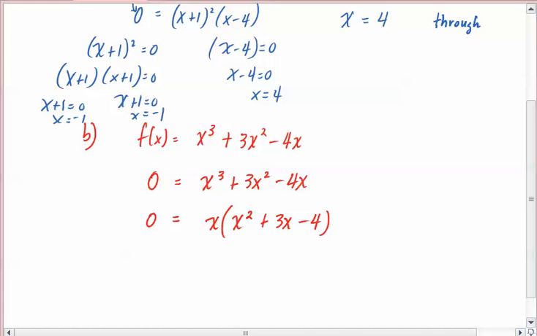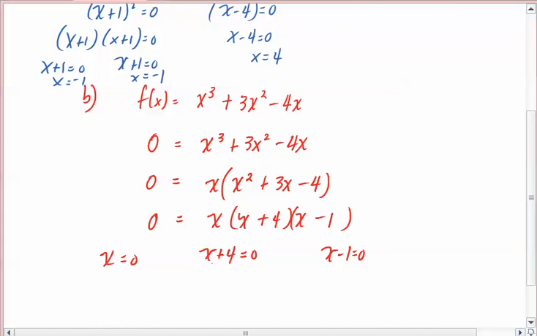And when I pull out the greatest common factor, it just so happens that the other factor is factorable as well. There's an x, and that's going to be plus 4 and minus 1. I think that's what that'll factor into. So now I'm going to set each of these equal to 0. This is just me getting the x-intercepts.